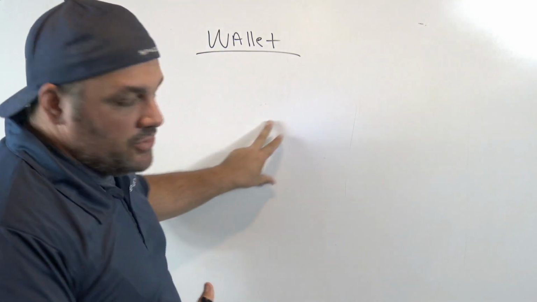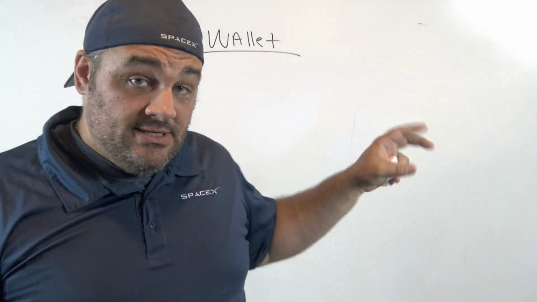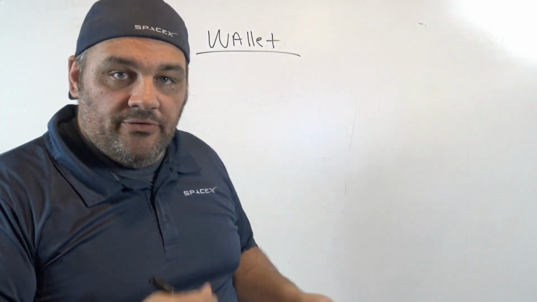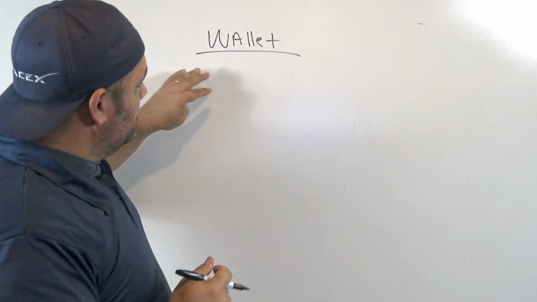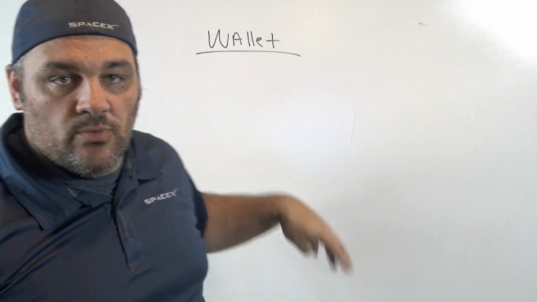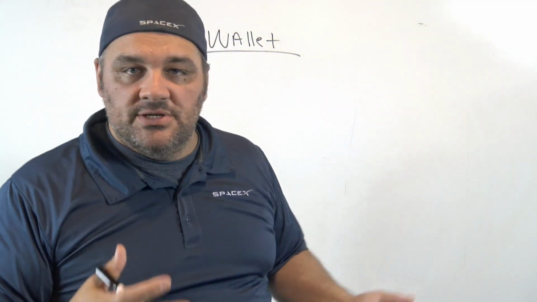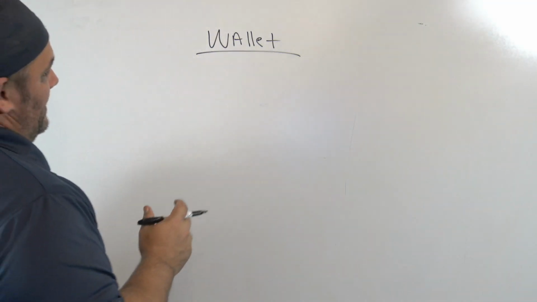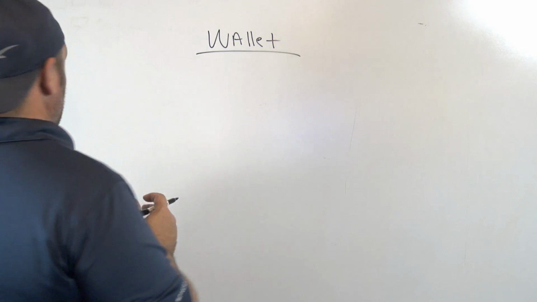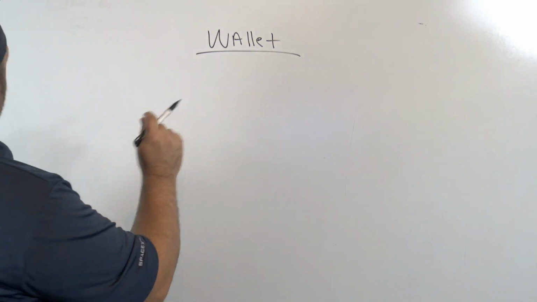The transactional nature of the blockchains on these different coins acts a little differently, and we're not going to get into that level just yet. We're just going to talk mechanically about the parts of the wallet, how it works, why the address changes, all that kind of stuff. That way you have an idea of what is going on.